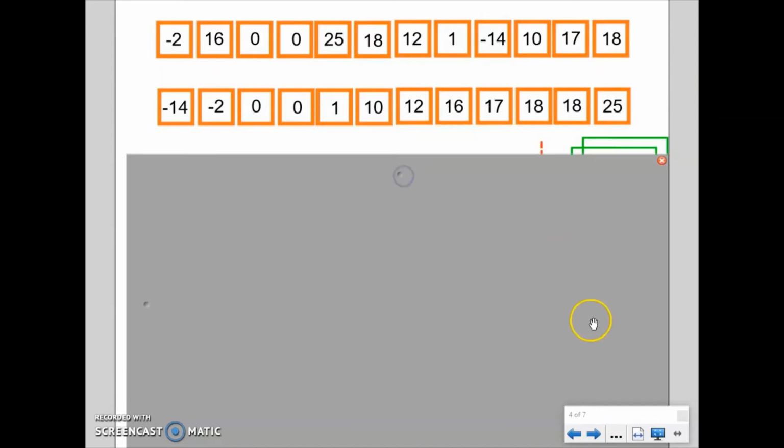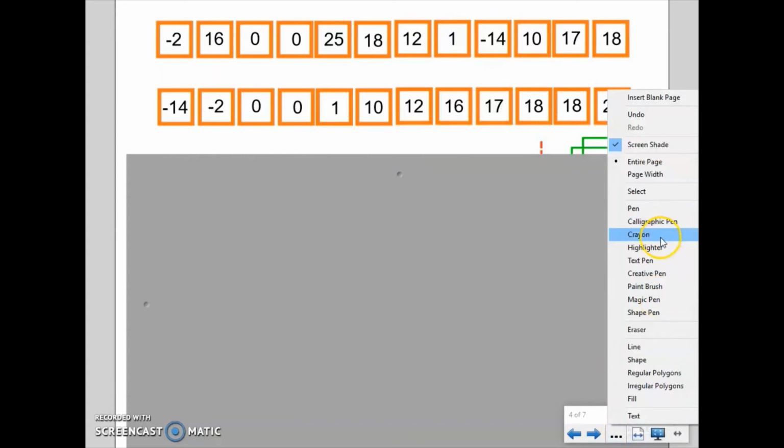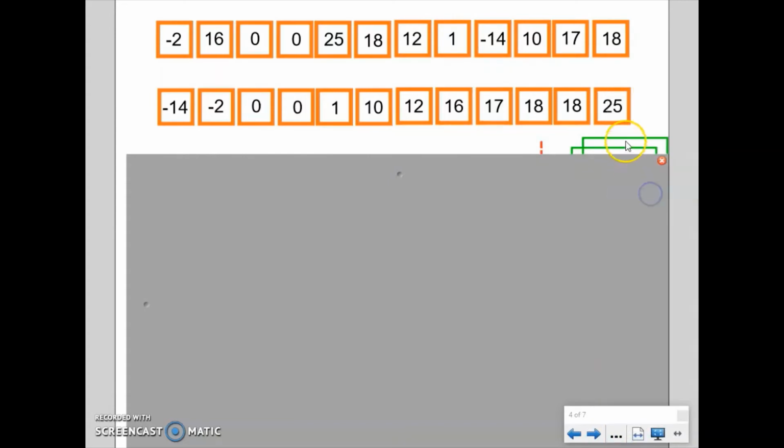But if I want to go ahead and find the median, I need to look at these 2 numbers. Because I had an even amount of data in the data set, I'm left with these 2 numbers in the center.